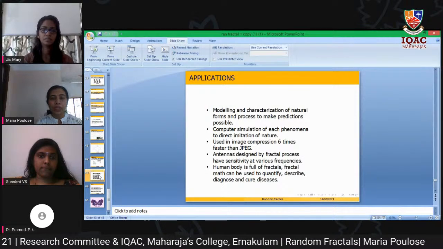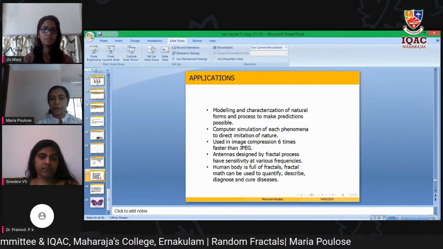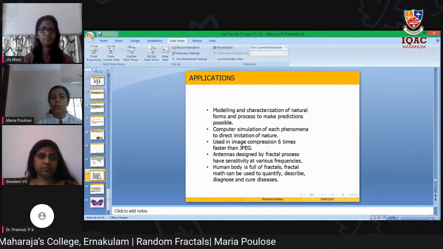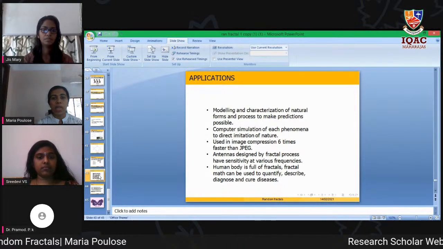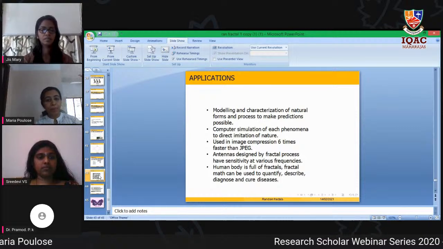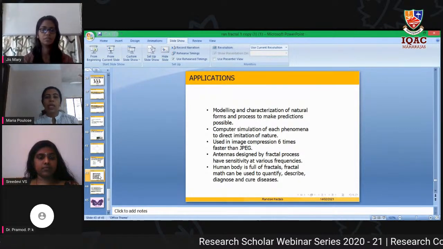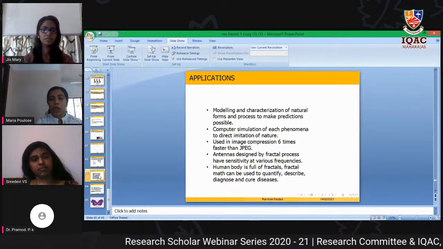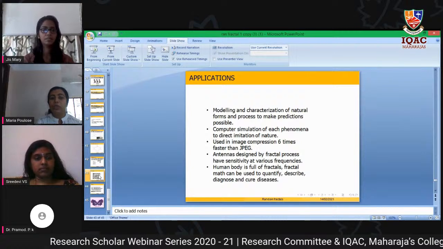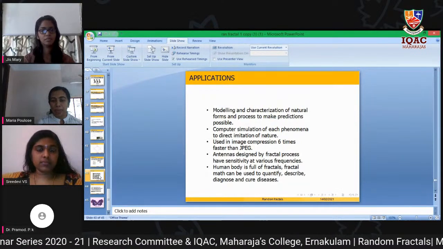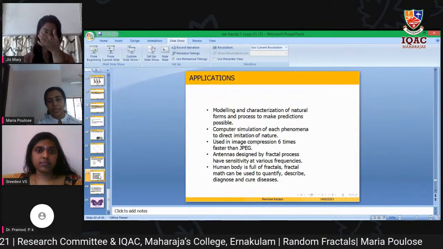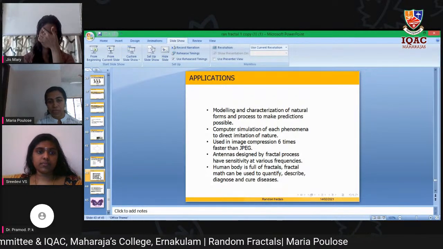The applications of random fractals are mainly in modeling and characterization of natural forms and processes to make predictions possible, and computer simulation of such phenomena for direct imitation of nature. It is used in image compression that is 6 times faster than JPEG.